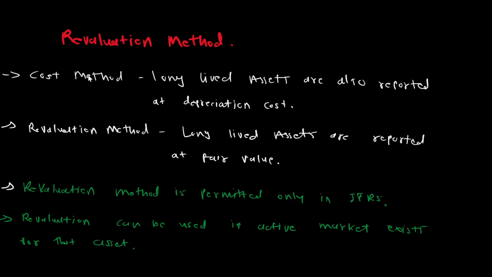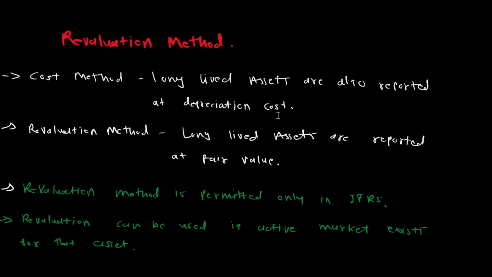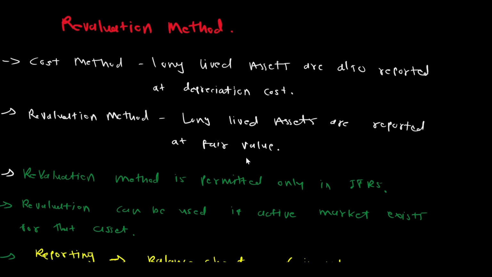Generally we use the cost method. Long lived assets are reported at the depreciated cost of acquisition, depreciating over time. In the revaluation method, long lived assets are reported at the fair value of the asset.